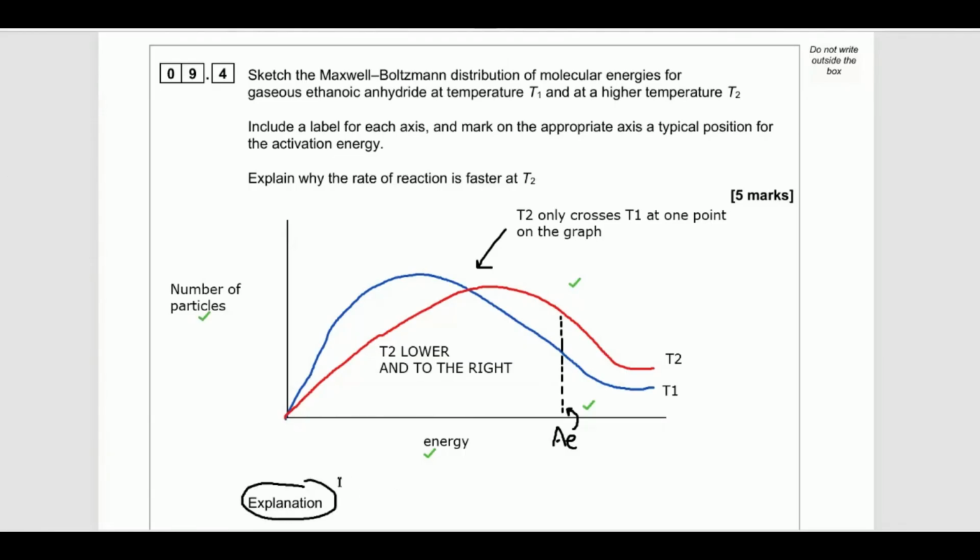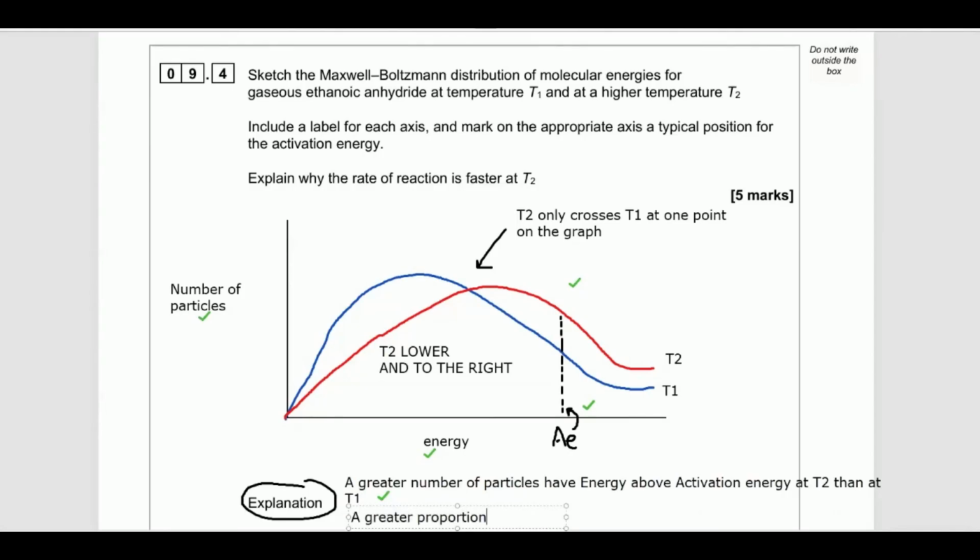And the explanation, well, if you check out the area under the red line, more of the particles at T2 have energy greater than the activation energy. Therefore, more of the particles have a successful collision and reaction. You can also say as more of the particles at T2 have higher energy, there will be a higher frequency of successful collisions.